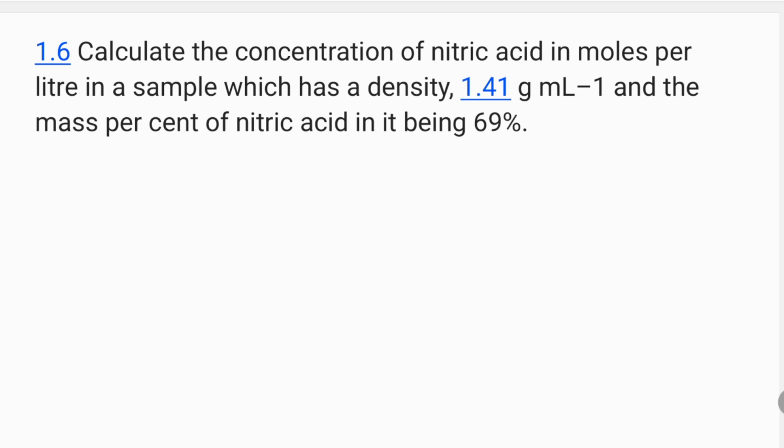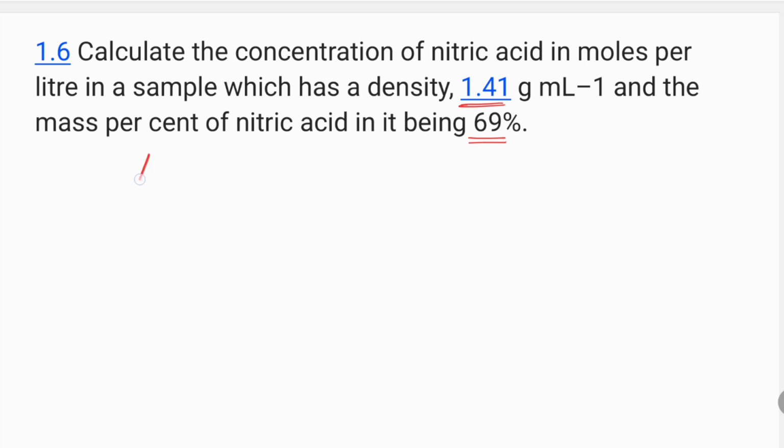Now we are going to do the next question, which is: calculate the concentration of nitric acid in moles per liter in a sample which has density 1.41 grams per milliliter, and the mass percent of nitric acid has been given as 69%.